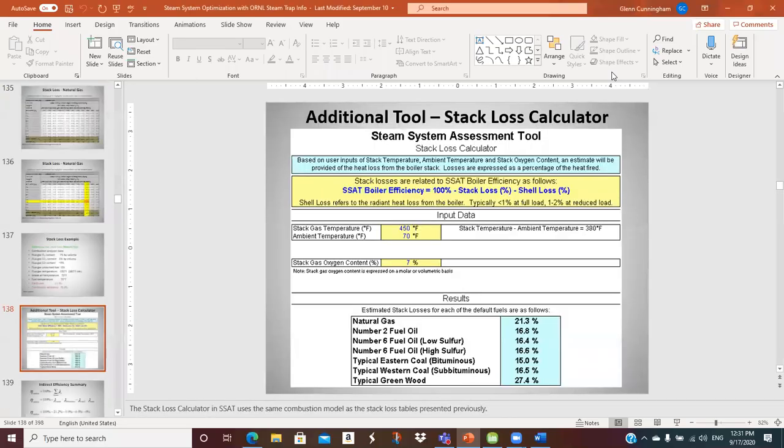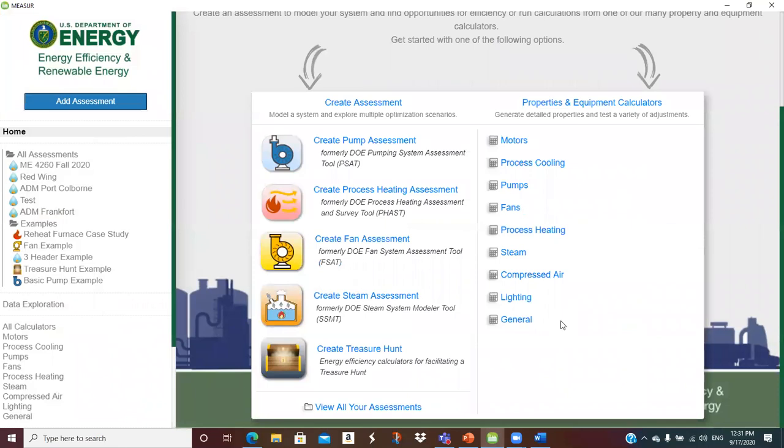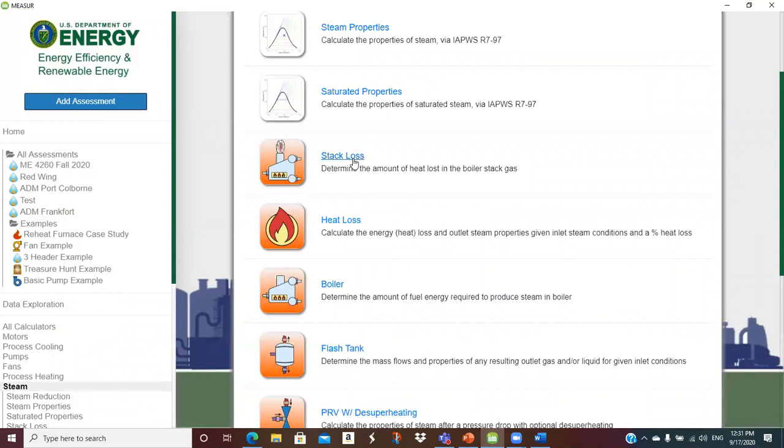So let's see if we can play with MEASURE for a minute. These are the big assessment programs, and these are little calculators that help us. So I think we've got a stack loss calculator right here.